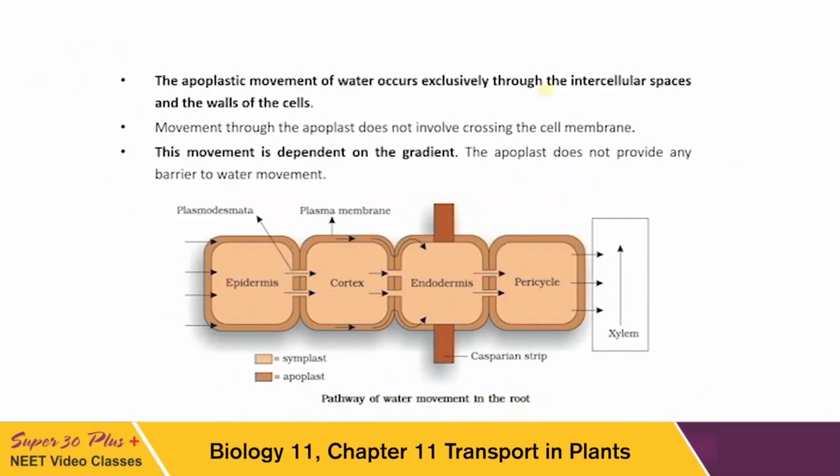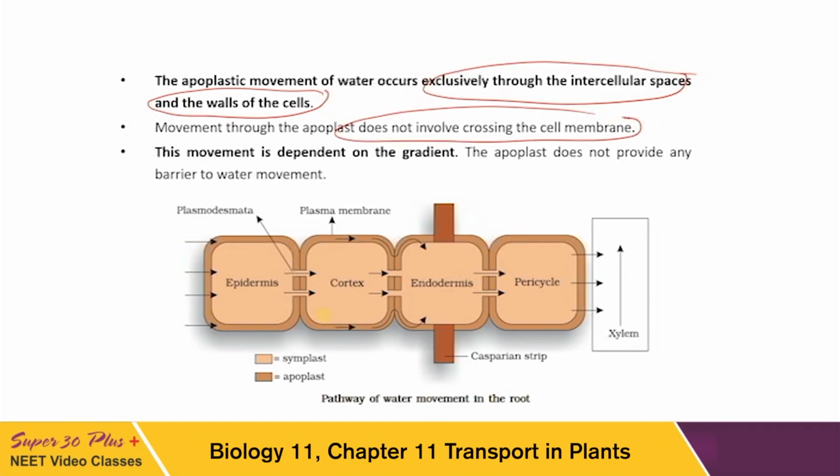Apoplastic movement is exclusively through intercellular space and the walls of cells. It doesn't require crossing of the membrane. Movement depends on the gradient from high water potential to low water potential. Apoplast doesn't provide any barrier, so things will move at a faster rate.